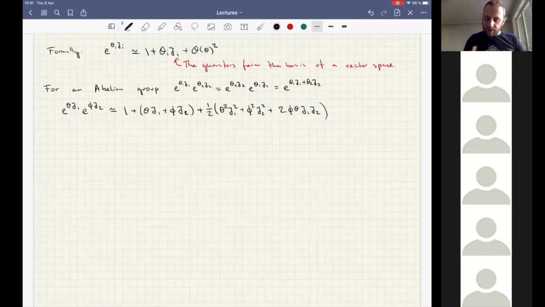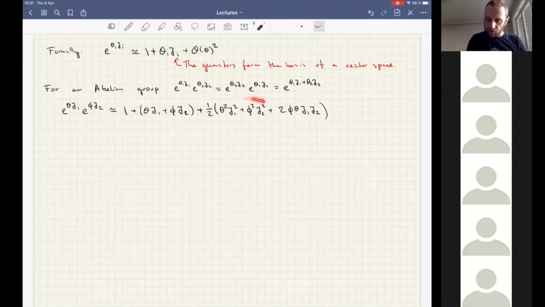We can see that this is not the same thing as if I reverse the order here. If I reverse the order, the 0th order term, which is just the identity, and the 1st order term, which is linear in everything, are both going to be the same, because if I change J1 for J2 and theta for phi, I get the same thing back.